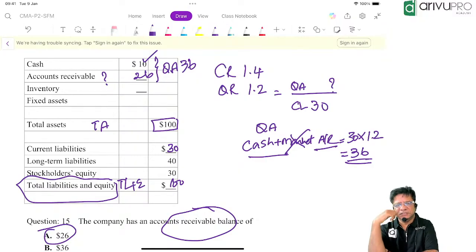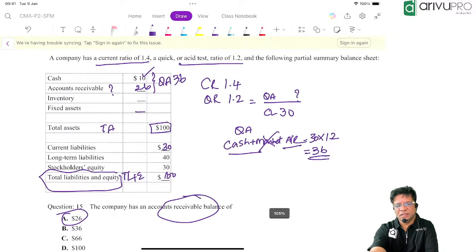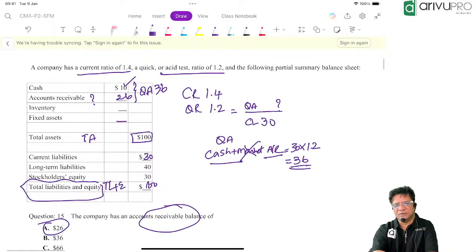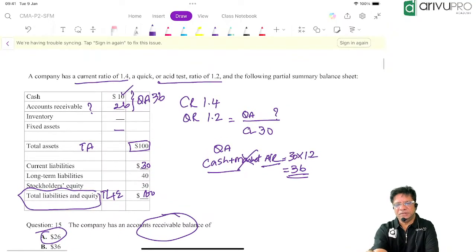There is also a fixed asset, and it includes fixed asset. Whether fixed assets is there or not, to find inventory, which ratio should we use?